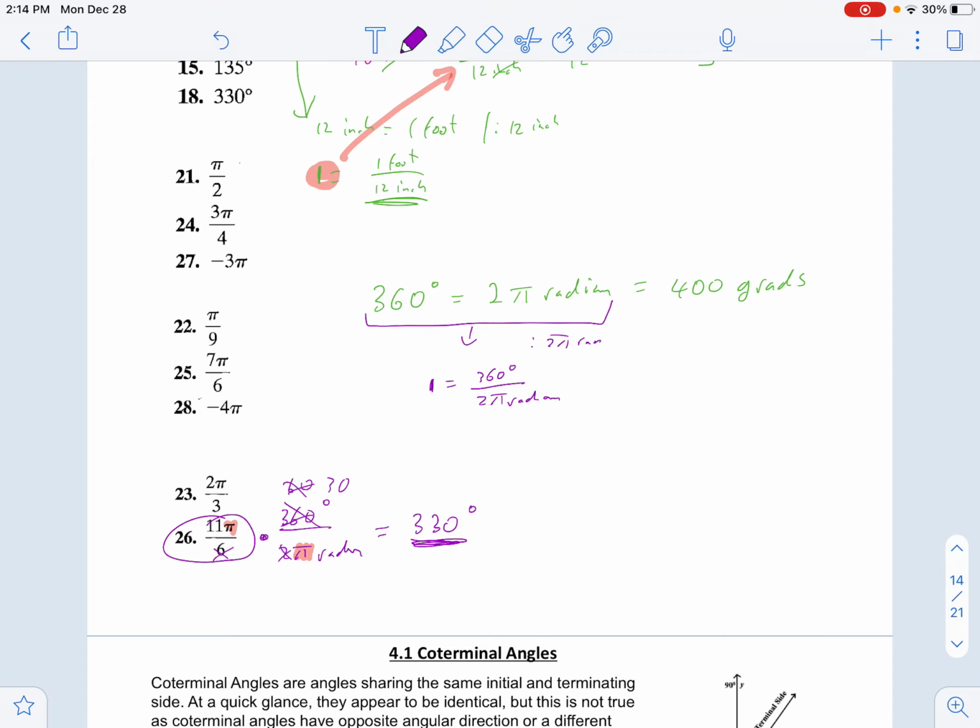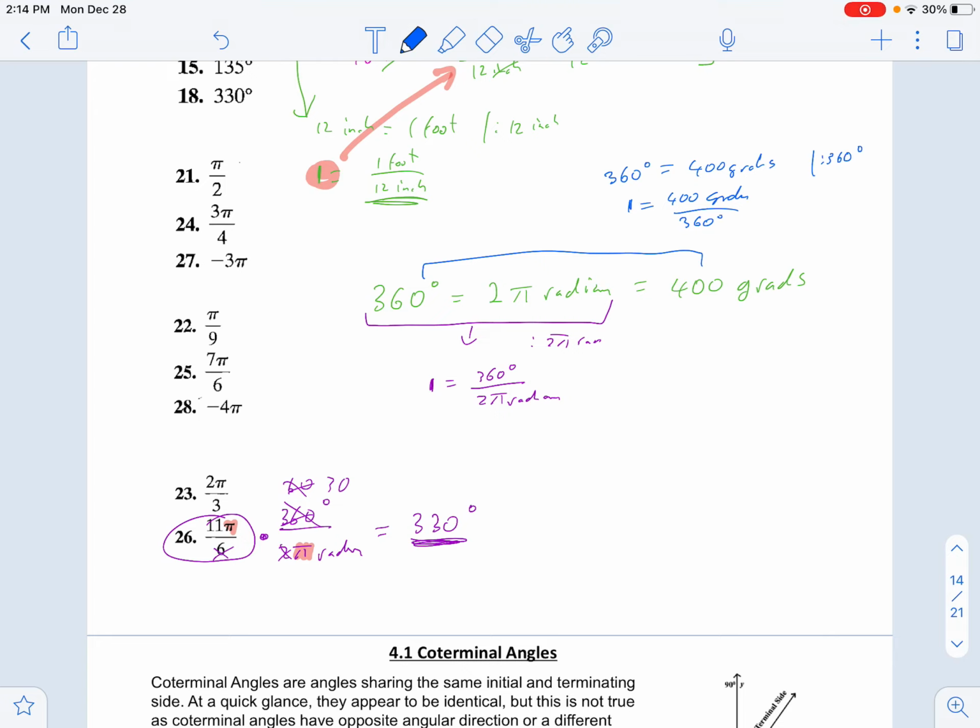Now let's say that I wanted to get into the grads. Okay, grads is now these two things. So the equality statement is 360 degrees equal to 400 grads. I want grads on top, degrees on the bottom. I'm going to divide by 360 degrees, and the 1 equals 400 grads divided by 360 degrees.